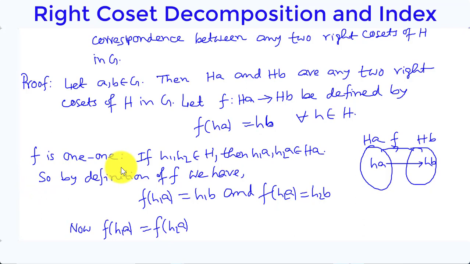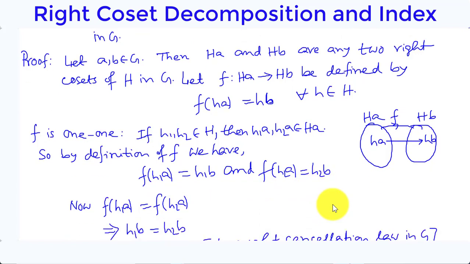f is 1-1. If h1, h2 belong to H, then h1a, h2a belong to Ha. So, by definition of f, we have f of h1a is equal to h1b and f of h2a is equal to h2b.